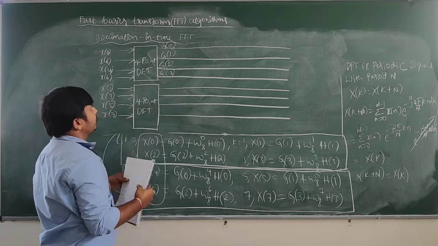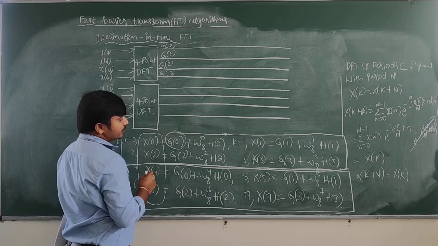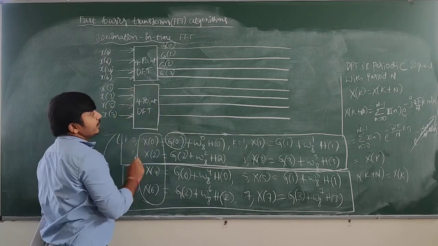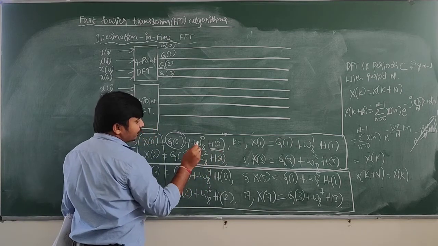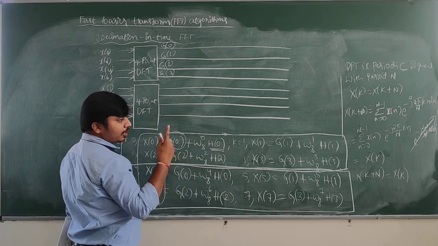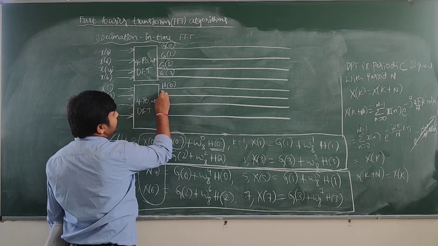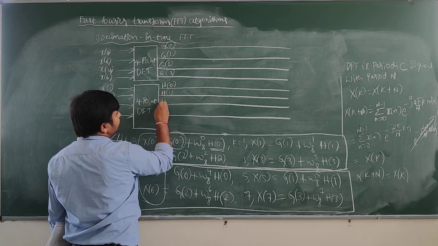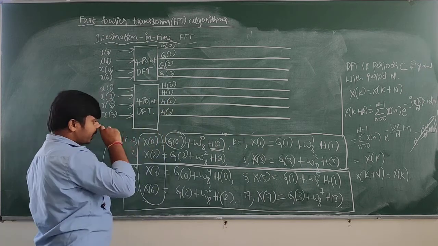I will take these G terms for the even sequence, and H of 0, H of 1, H of 2, H of 3 belong to the odd sequence.